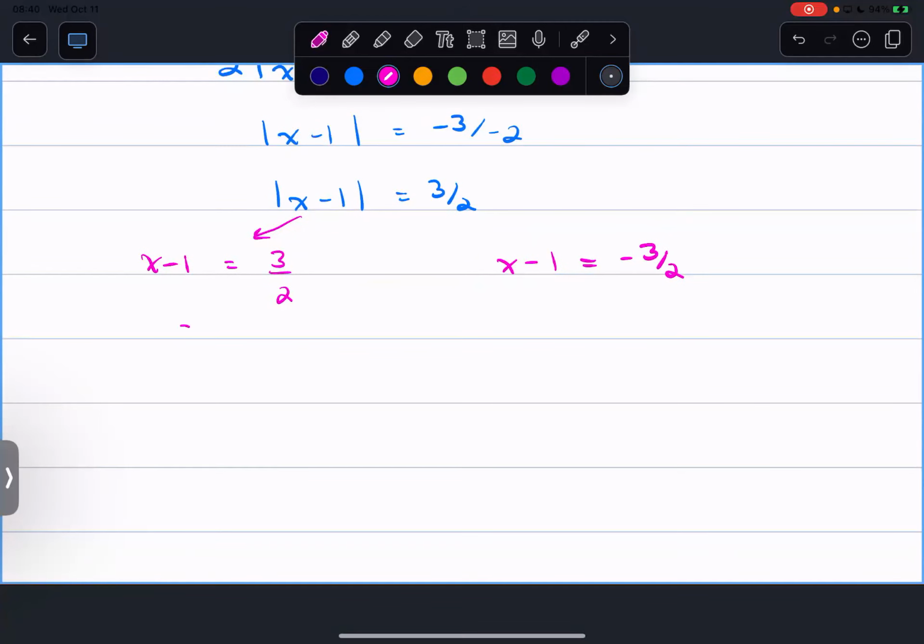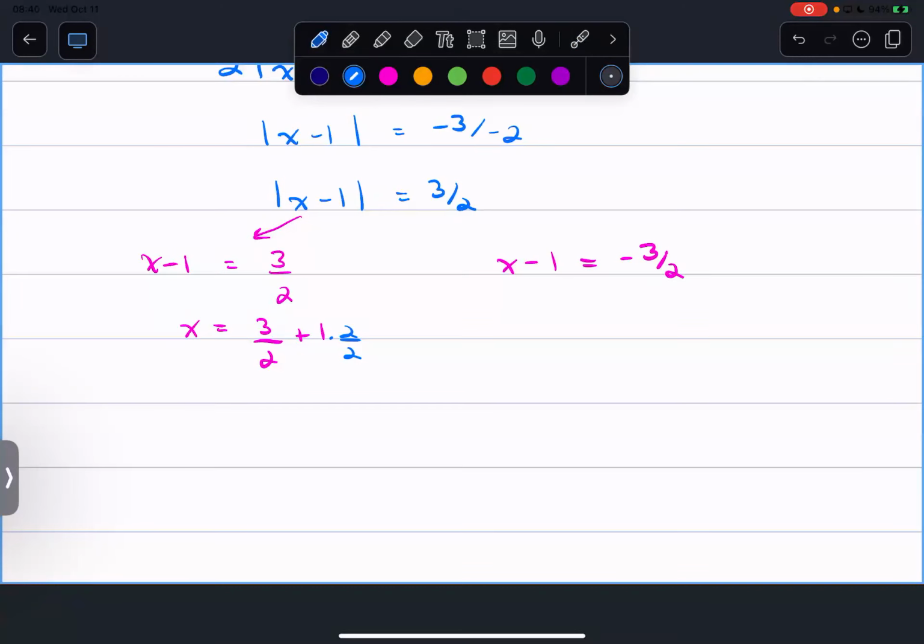And then I get x is 3 over 2 plus 1, which puts me at 3 plus, I need a common denominator, right?